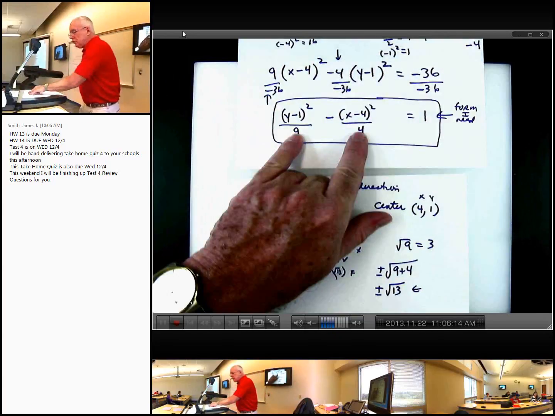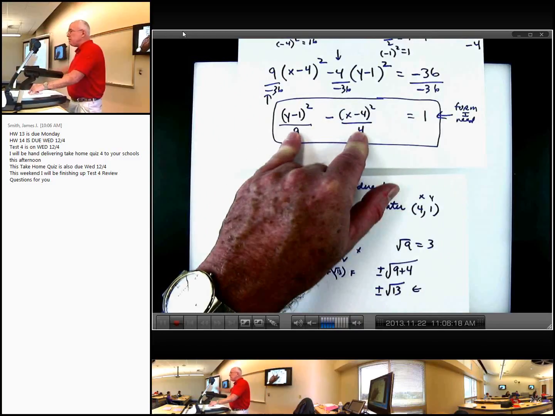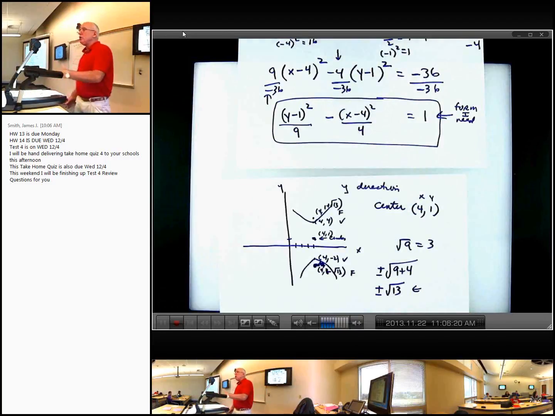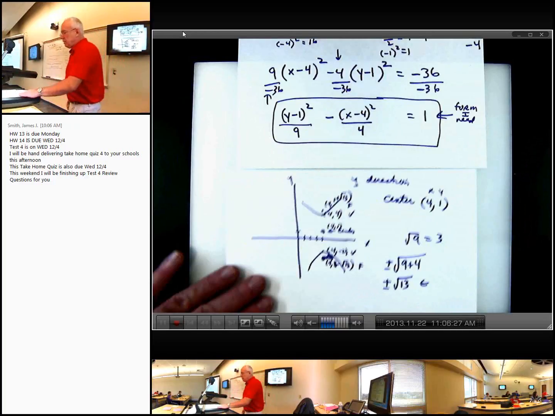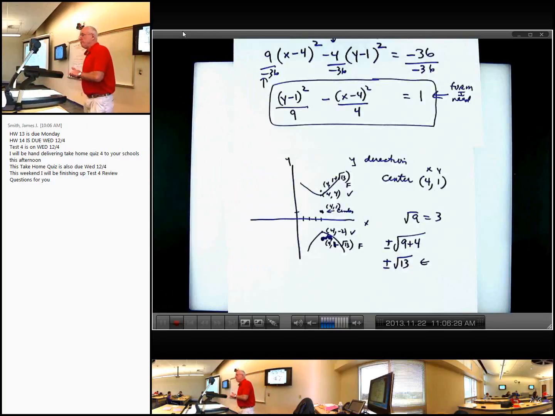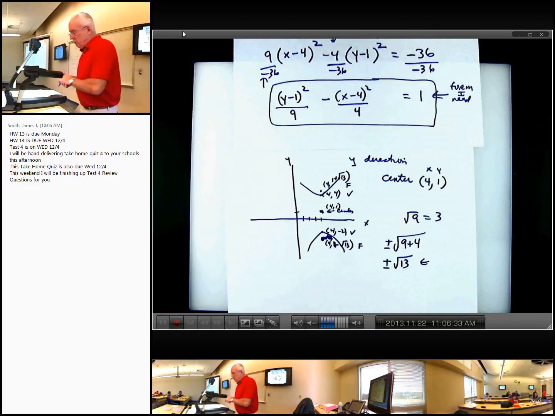So adding these two numbers together, doing the square root, that gives me that distance up or down that I need to add on to my center. How are we with that? Okay.